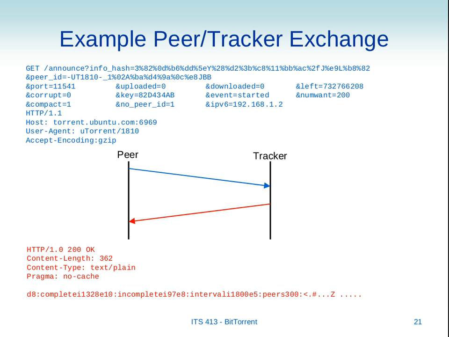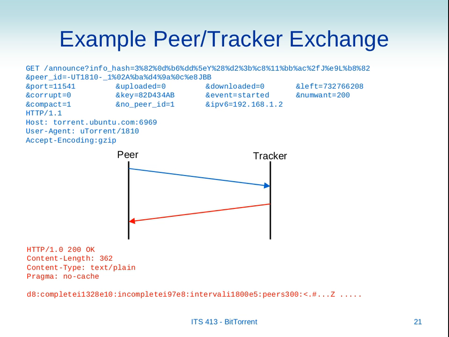So we see some of those parameters from the previous slide. The peer ID, sent from the peer to the tracker, the port number the peer is using, the amount that it's uploaded and downloaded. So when it first contacts the tracker, it's uploaded and downloaded nothing. It's just joining the swarm. How much it has remaining of the total, 730 megabytes remaining.